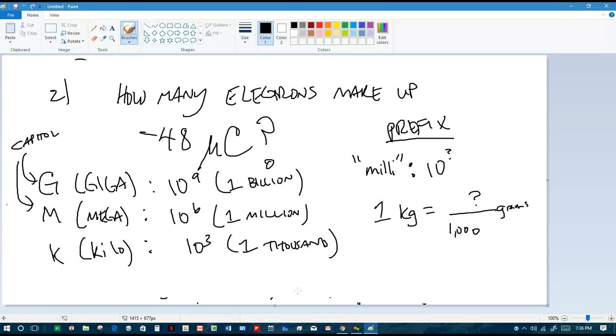How about 1 kilometer is how many meters? 1,000 meters, because kilo means 1,000. So that's kilo.